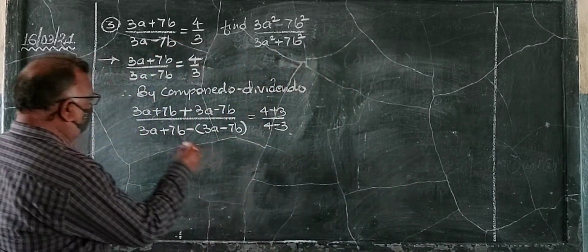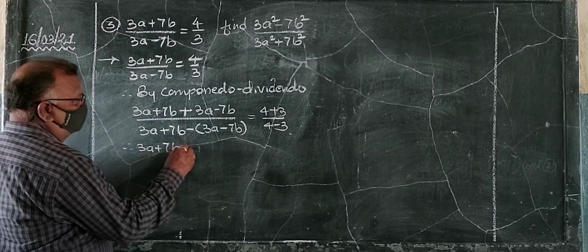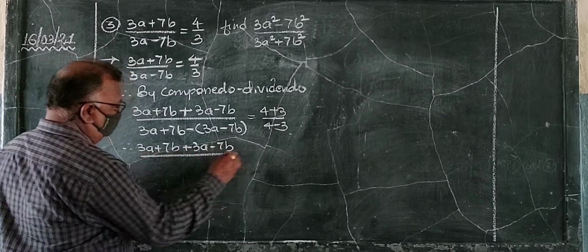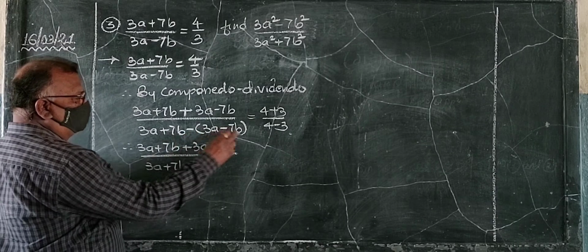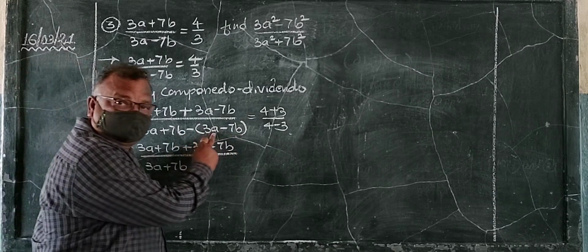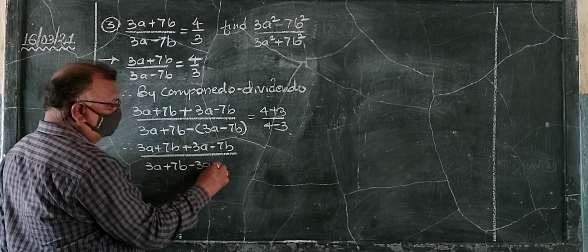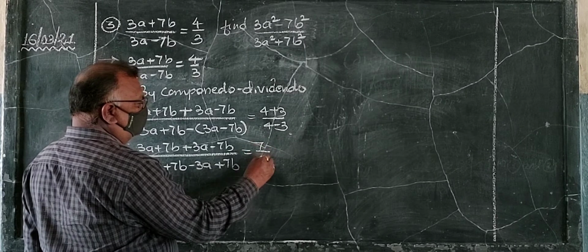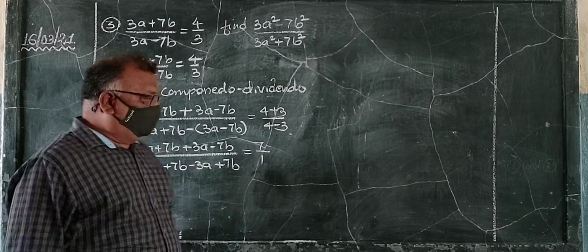Now in the second step you will open the bracket: (3a + 7b + 3a − 7b) divided by (3a + 7b − 3a − 7b). When you open the bracket, change the sign of both the terms, so this will become minus 3a and minus 7b will become plus 7b, equal to 7/1.